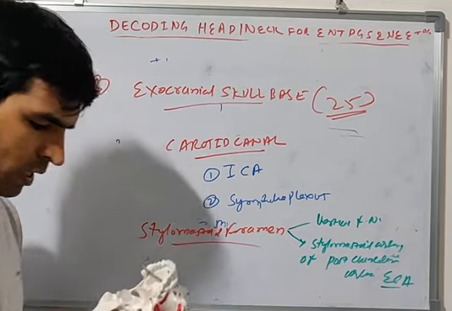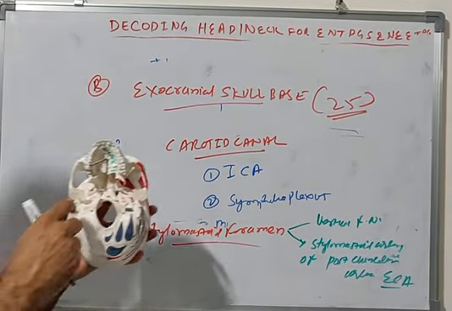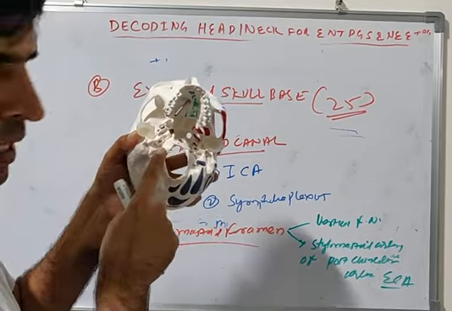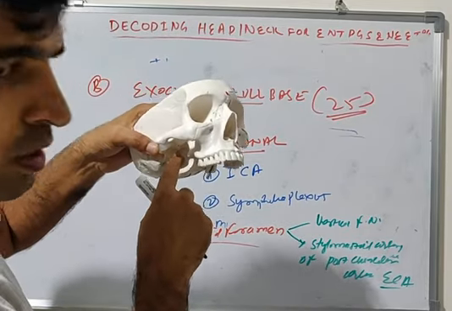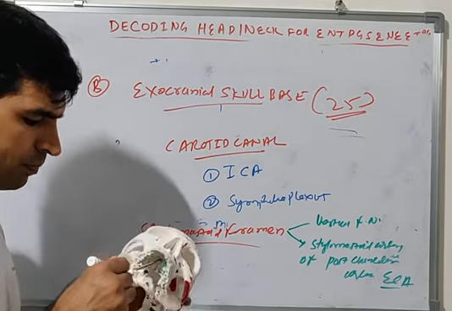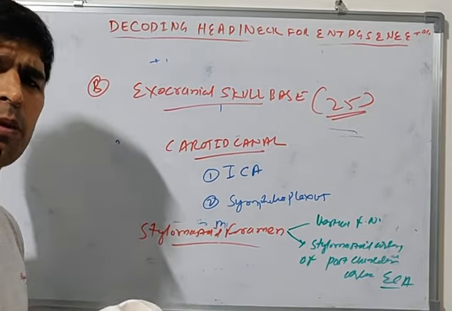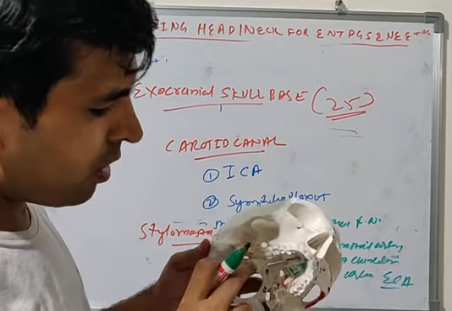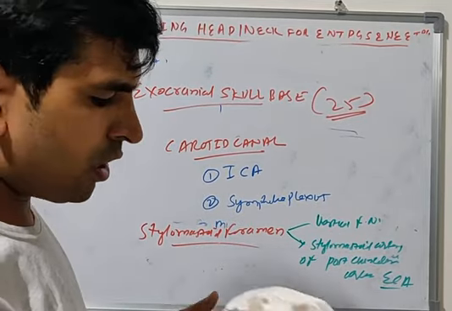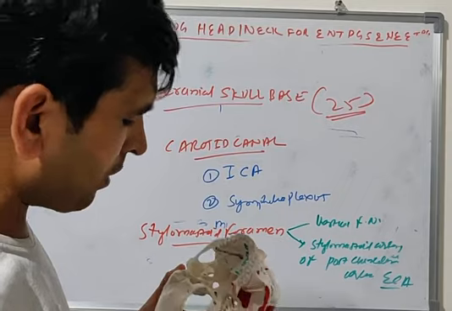In the posterior cranial fossa, anterior to the occipital condyle is the hypoglossal canal. The structure passing through the hypoglossal canal is the hypoglossal nerve, the 12th nerve. An emissary vein or sometimes the meningeal branch of the occipital artery may also pass through this.